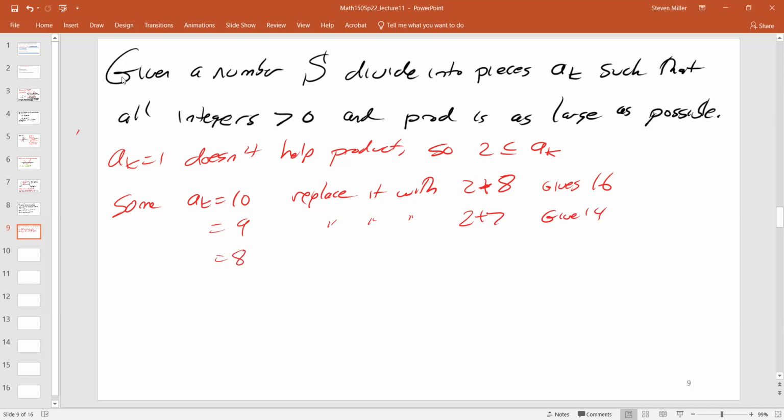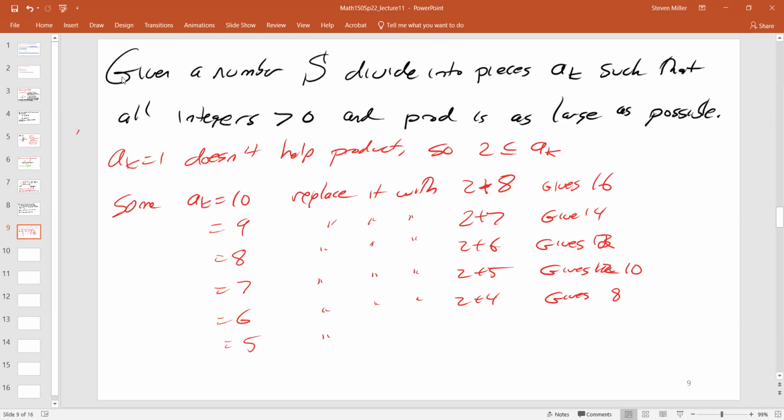I could do 8 replaced with 2 plus 6, which gives 12. 2 plus 5 gives 10. Sorry, this is 14. This would be 12. This would be 8. So now I could do 5, 2 plus 3 gives 6. I'm running out of room.